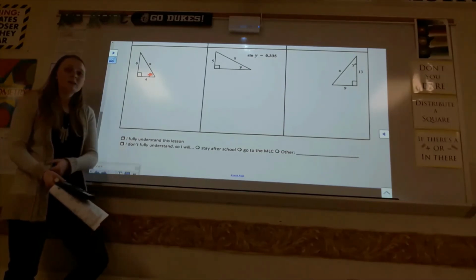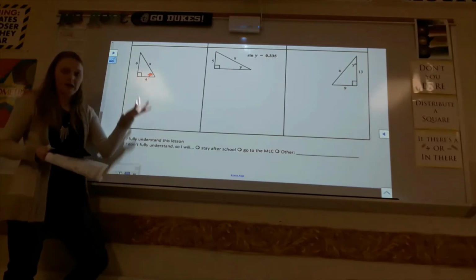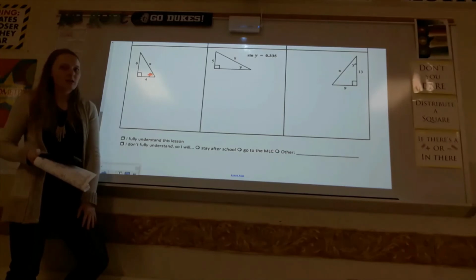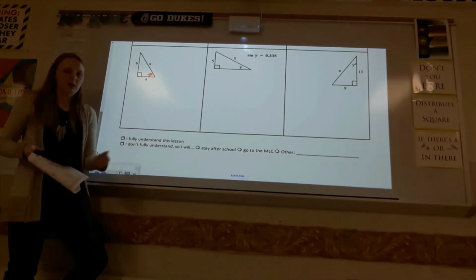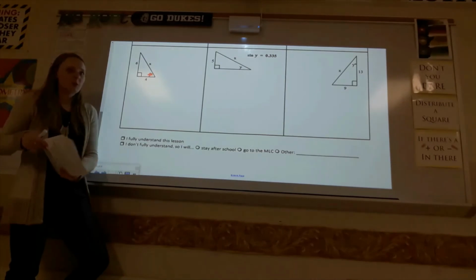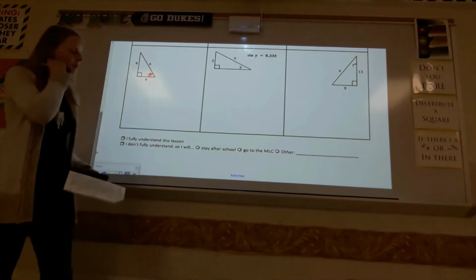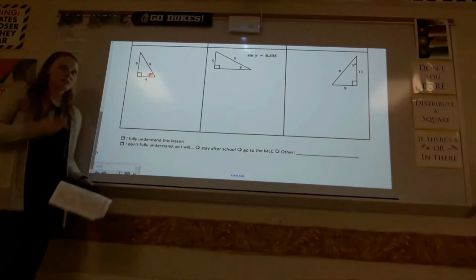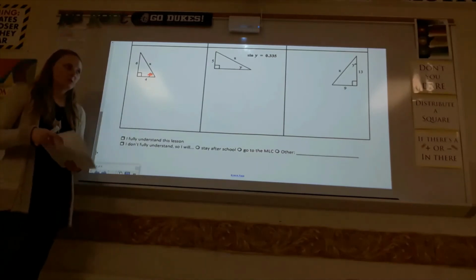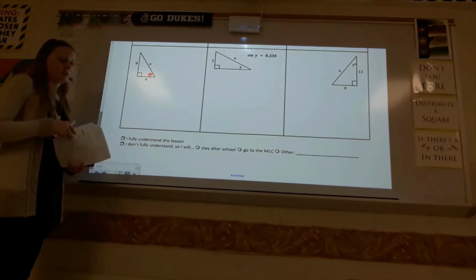Sure, you can solve with trigonometry to find the value of x once you know y, but it's not the most accurate answer because trigonometry involves rounding and all that kind of stuff. When you use Pythagorean theorem, it gets you the most accurate answer because it's just a simplified radical. So if you guys saw a situation like this, you would have to use Pythagorean theorem. It's the most accurate process based on the information that you have.